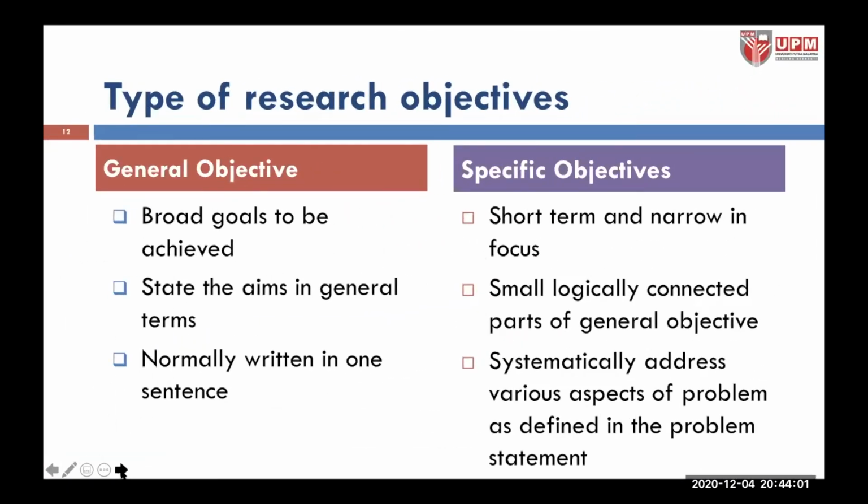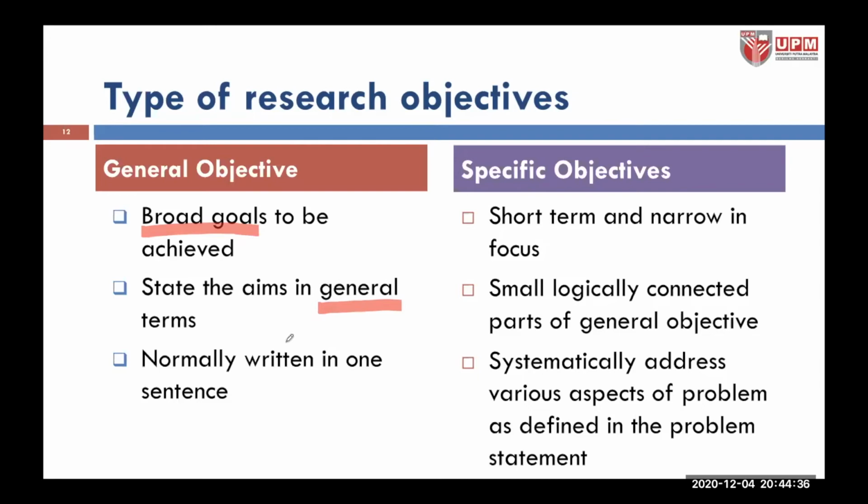Earlier, I have already mentioned the types of research objective. We have the general objective, which is normally a broad goal. It is very general, and it states the aims in general terms. So there is no specific information stated, whether geographically or according to specific types and so on.